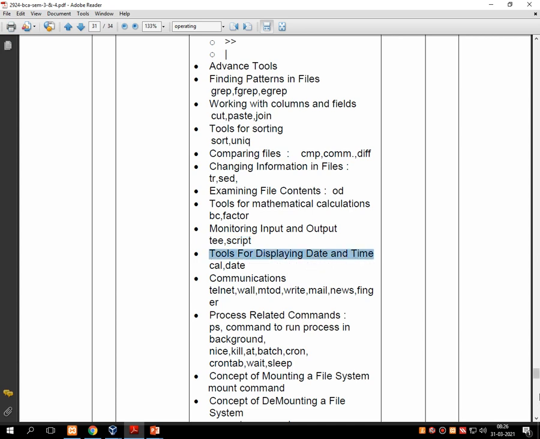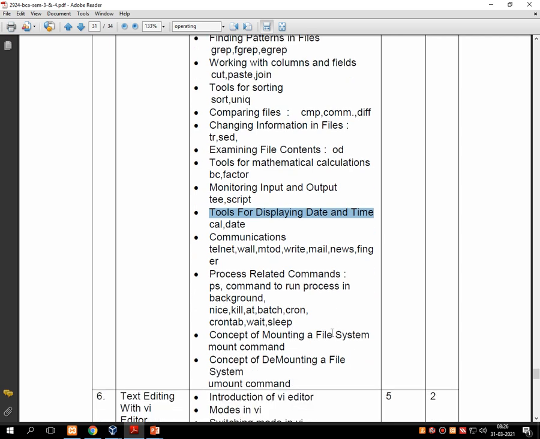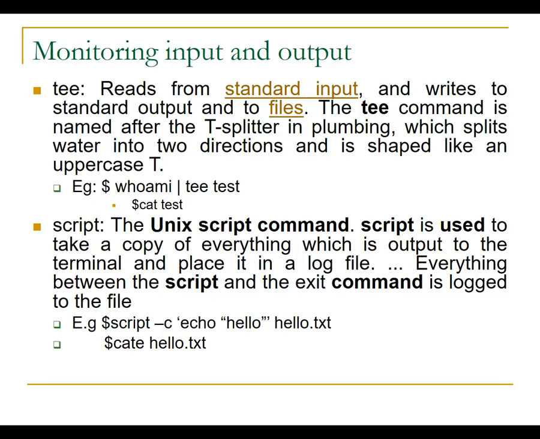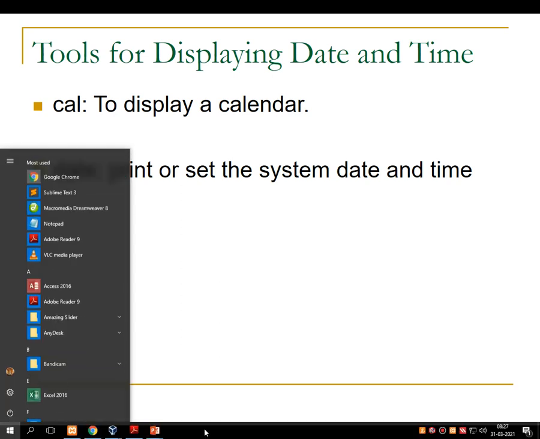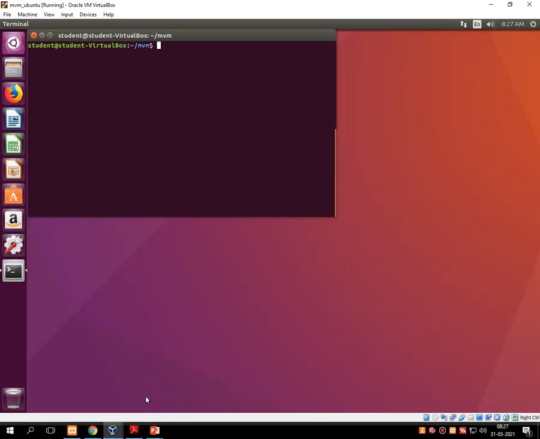Next group of commands is related to date and time. Two functions are there, that is cal and date. Let's see the theoretical part. cal is used to display the calendar onto the screen, and date is to print the system date and time onto the screen. So let's perform these commands.